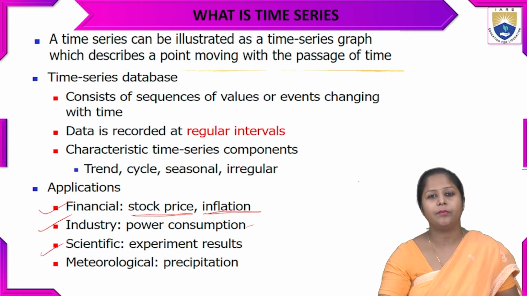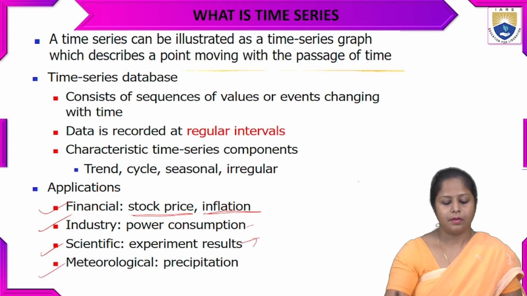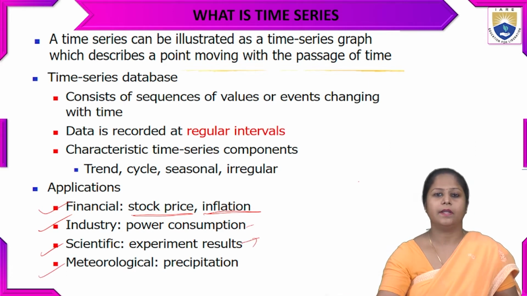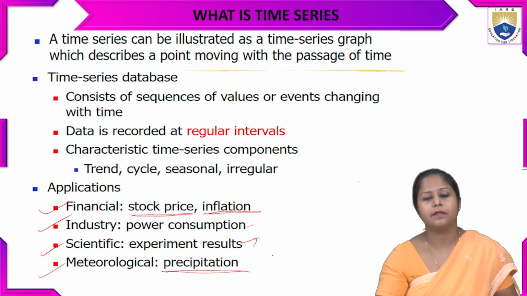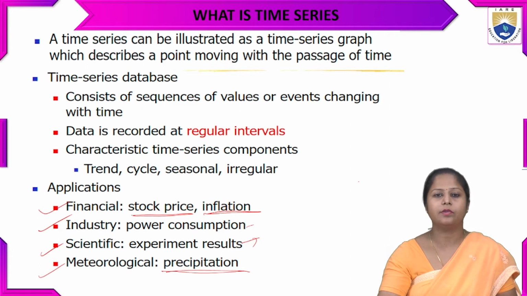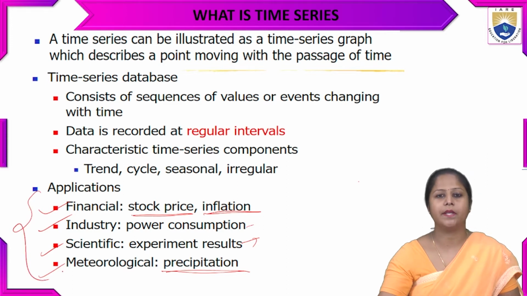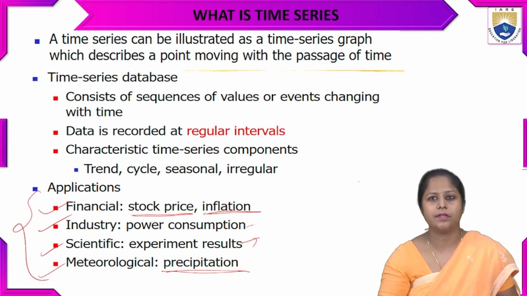In scientific applications, if we have experimental results recorded over some time, that also comes under time series data. Meteorological, for example precipitation data, also comes under time series data, because it has time intervals. So these were some applications where we are using time series data.